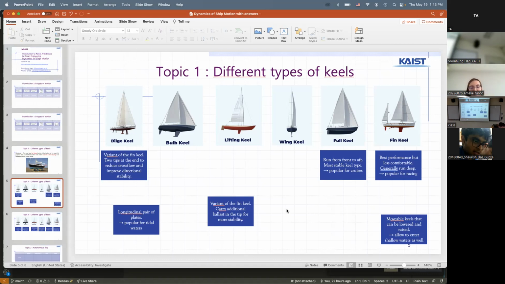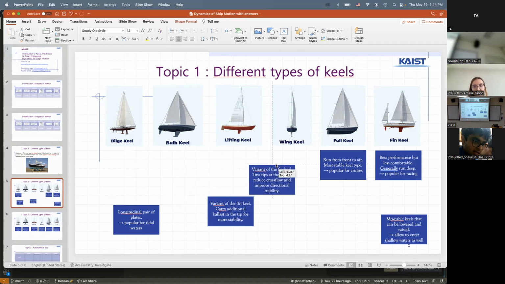Okay, thank you. Can you hear me now? Oh, yes, much better. So I think the wing keel is actually the one related to the first one, or the variant of the fin keel. Mhm. Maybe because it has a wing, it can reduce the crossflow and improve stability. Okay.